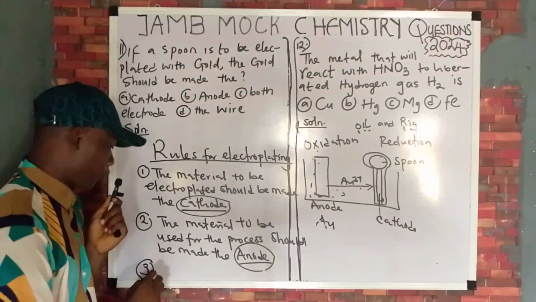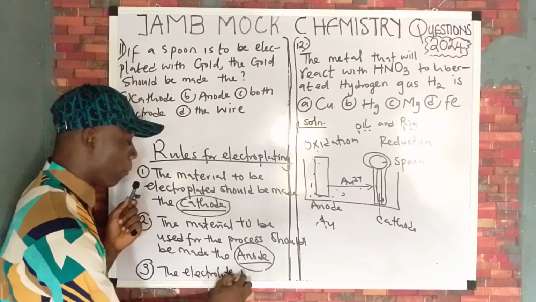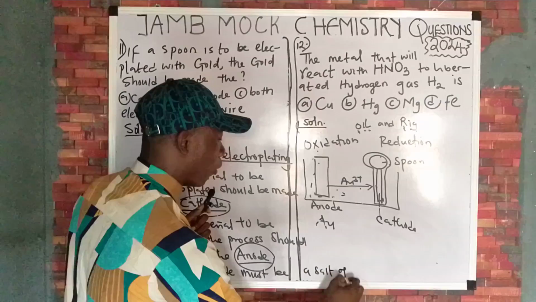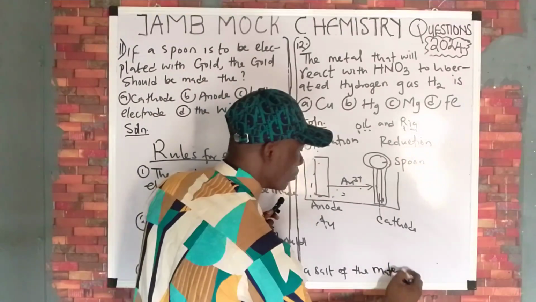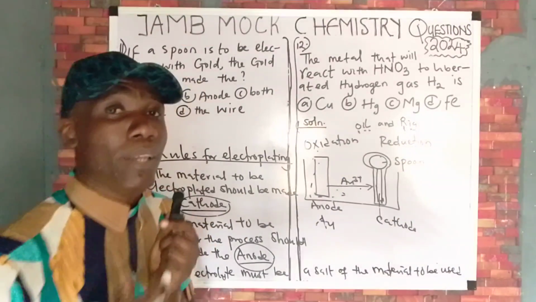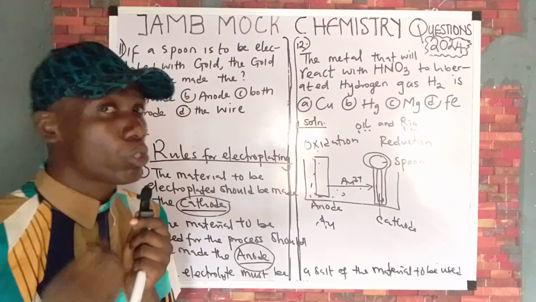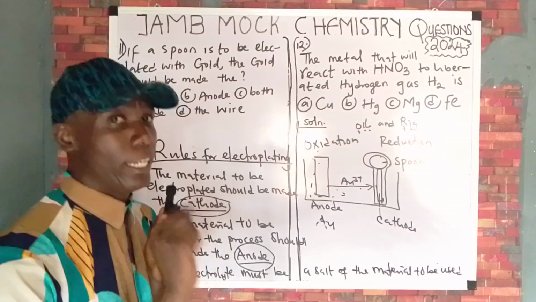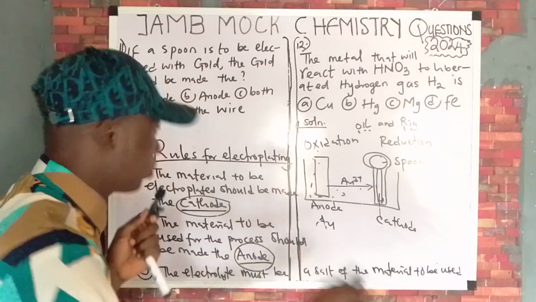Number 3, the electrolyte must be a source of the material to be used. That is to say, if I'm to electroplate with gold, the gold will make the anode. The electrolyte must be a gold salt, e.g. gold chloride, while the material to be electroplated will make the cathode, because it is the anode that migrates to the cathode.